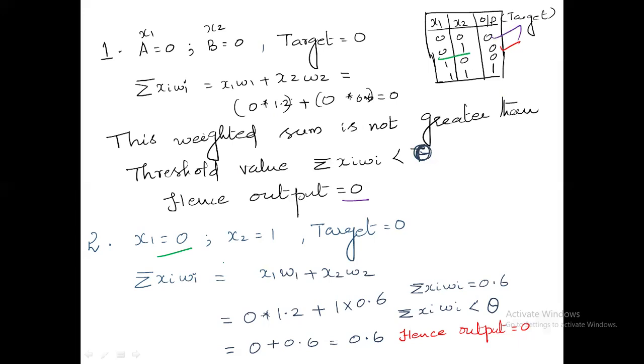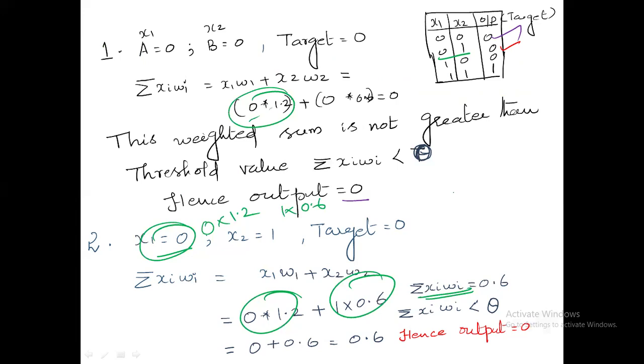What is the value we are getting? 0 into 1.2, 1 into 0.6. Here 0, here 0.6. What is the weighted sum? 0.6. The 0.6 is less than 1. So naturally the output is equal to 0. Here 0 we are achieving it.